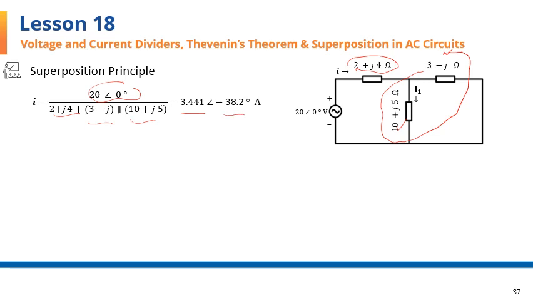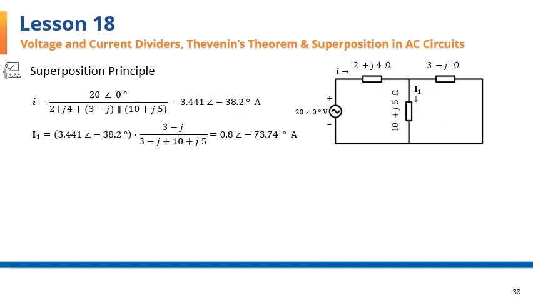Now to find I1, we need to take this current that was just found and do a current division at this node to find the current through the center impedance. Here is the current divider applied to this example.